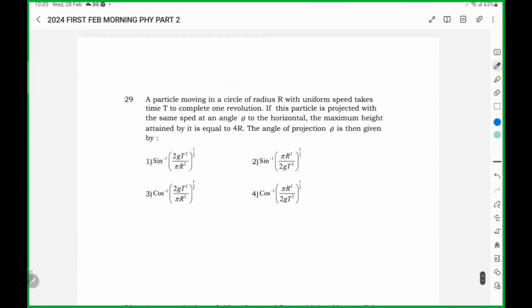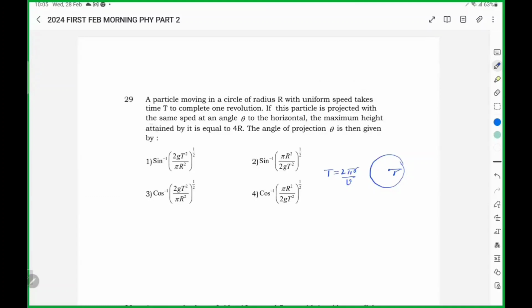Here a particle is moving in a circle of radius r with a uniform speed. So it takes time t to complete one revolution. It is moving in a circle of radius r. Time period will be 2 pi r by v.